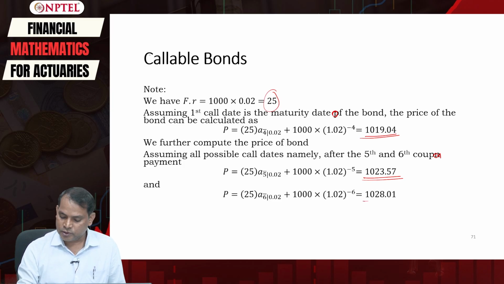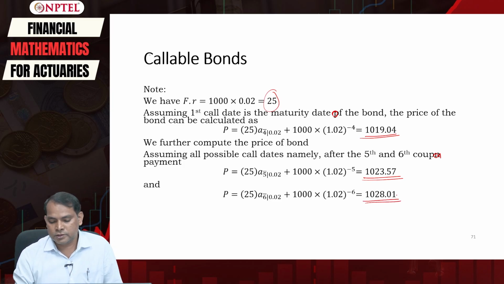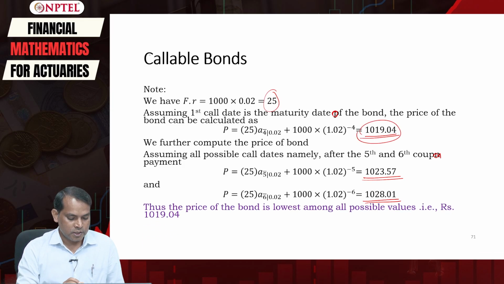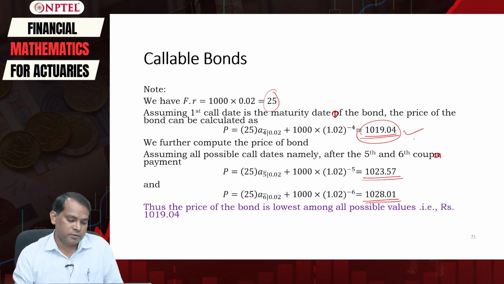What we have seen is that, among the 4th, 5th and 6th coupon payments, the lowest price is 1019.04. Therefore the price of the bond is the lowest among all possible values, that is 1019.04.